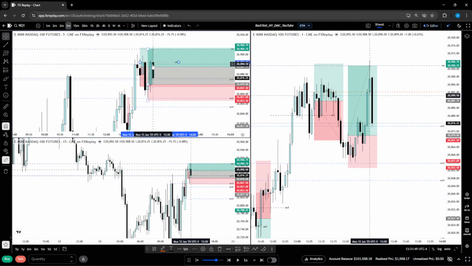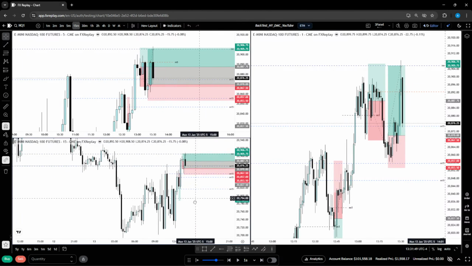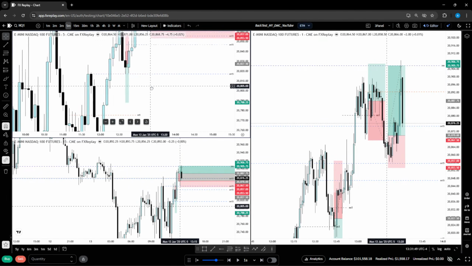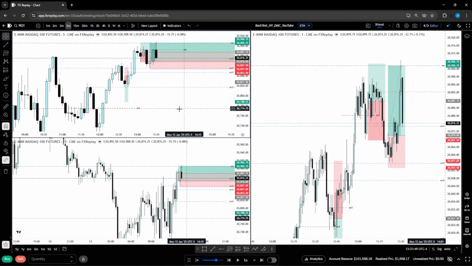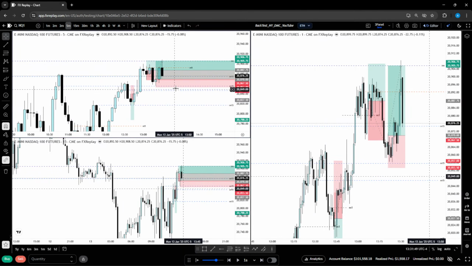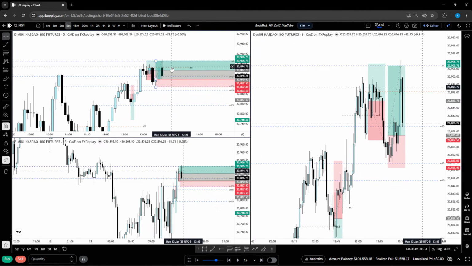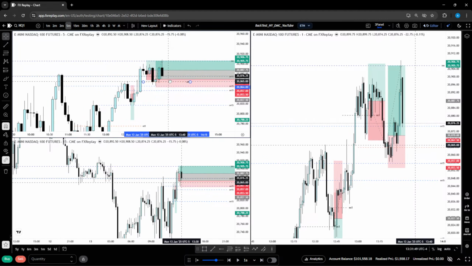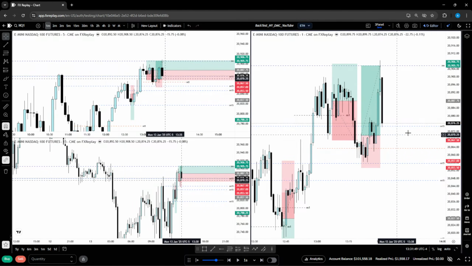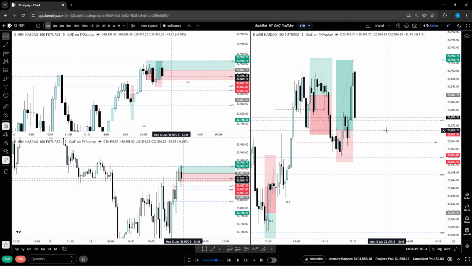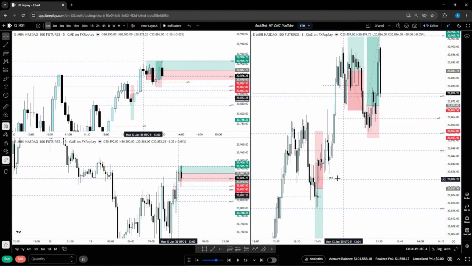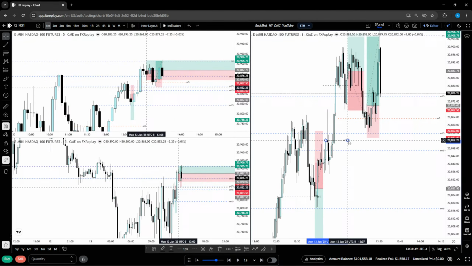We're probably going lower to test some of the untested levels, like maybe this level or this level itself. Or some 1 minute levels that we haven't yet tested.